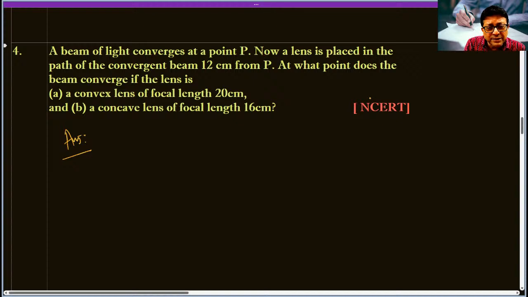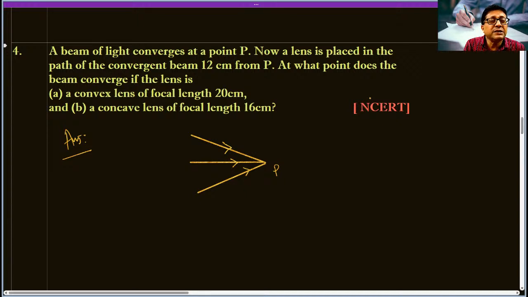So what is happening in the beginning? Try to understand. Rays are coming, and it is given that they get focused. They meet here. Many rays may be there, I am taking just 3. This is the point P where they are meeting.